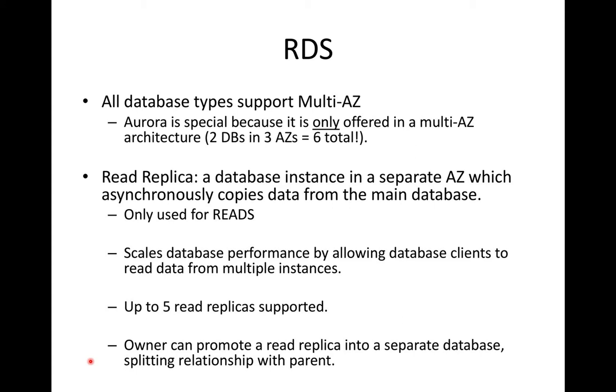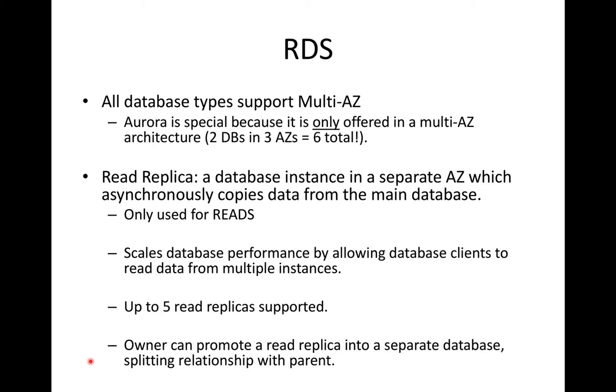You can't do a single deployment of Aurora, and that's because Aurora consists of at least two database instances that live in three availability zones, meaning that you actually have sort of three instances of Aurora running in a clustered configuration, and that provides you with very, very high reliability and improved performance.